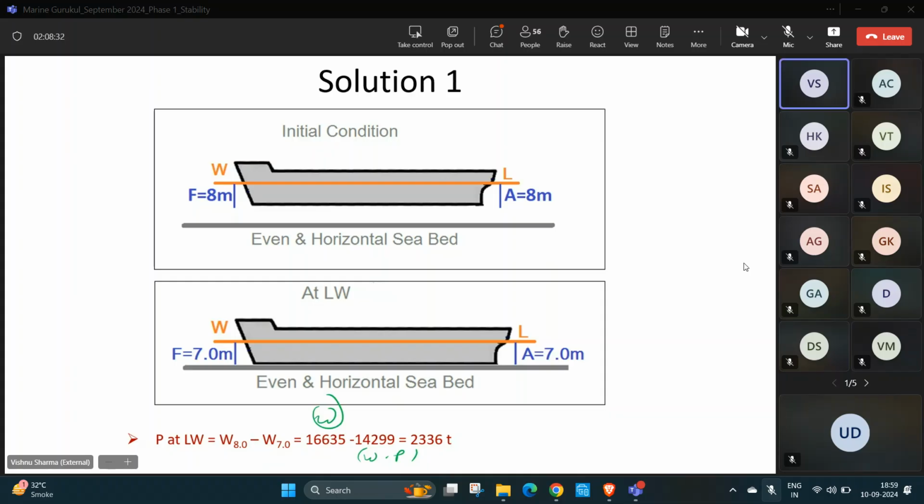Anybody who gets it can give the answer, for others to validate. 0.626. Can somebody validate?